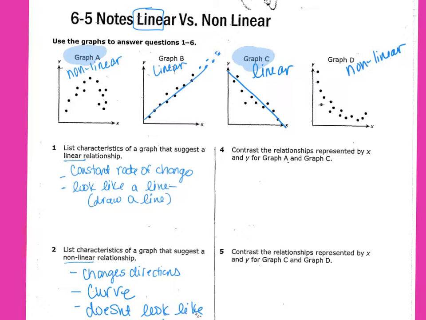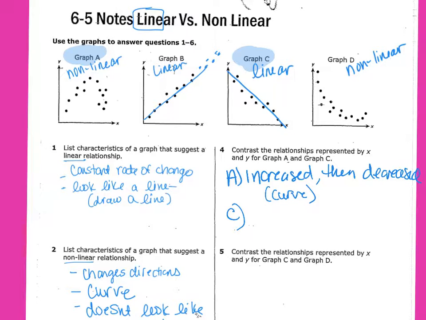So the relationship for A was that, like we talked about earlier, A increased, then decreased, and there was a curve. Okay, so it went up and then it went down like a roller coaster.